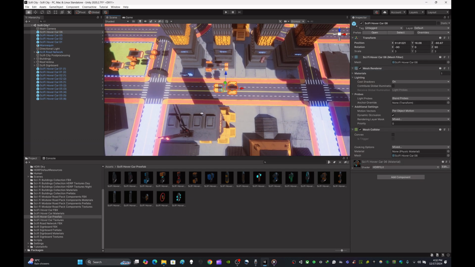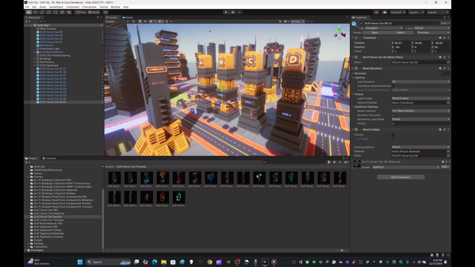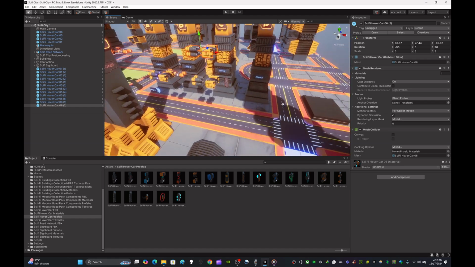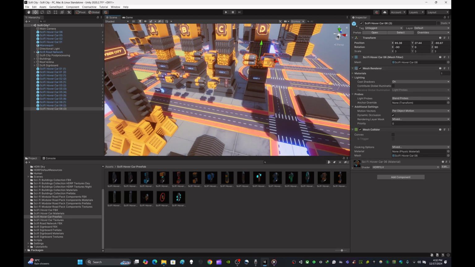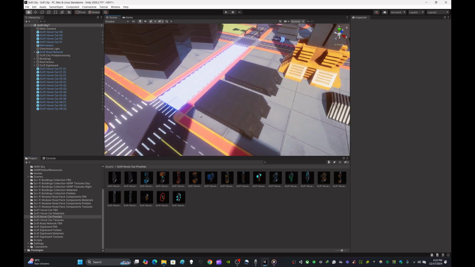Okay, so this is like this. I'm just populating them in my city. As you can see, you have a motion, and these are the platforms.